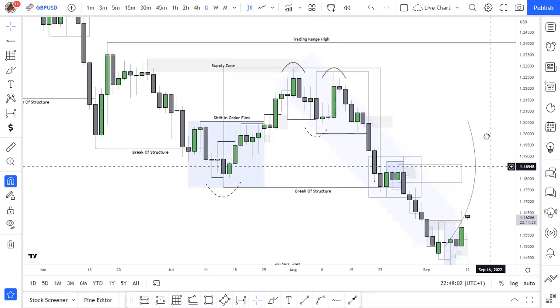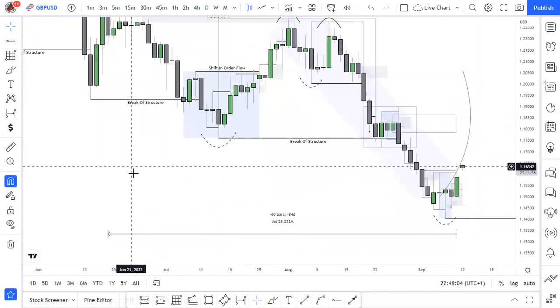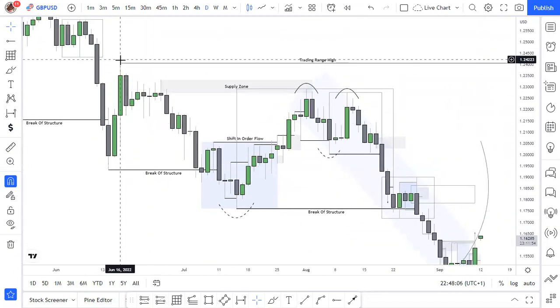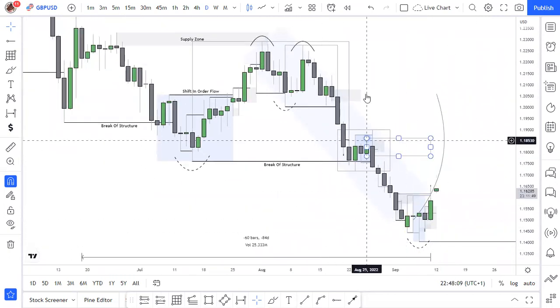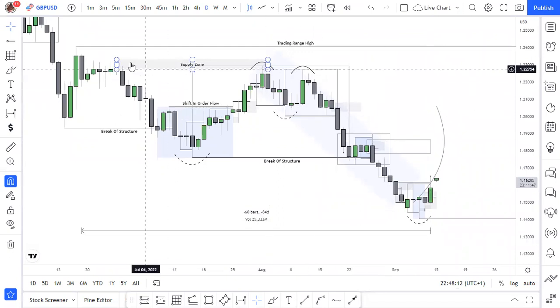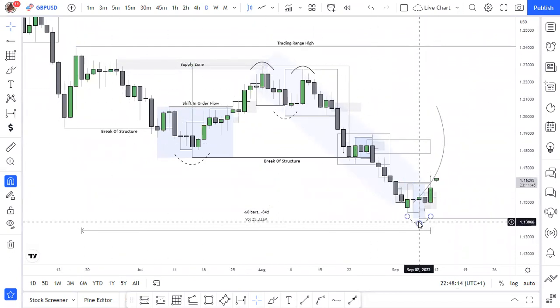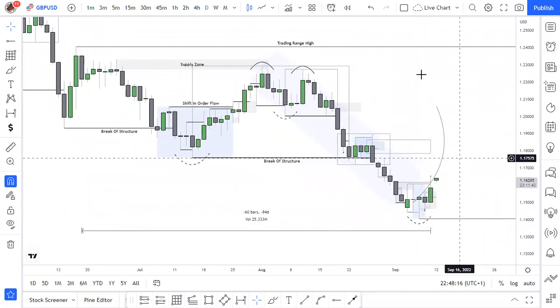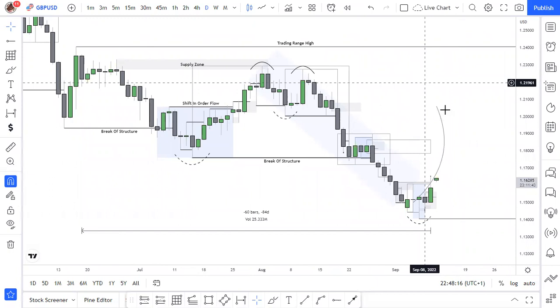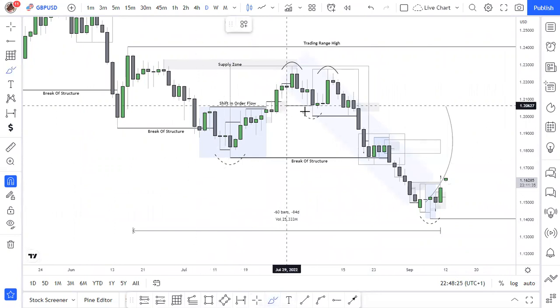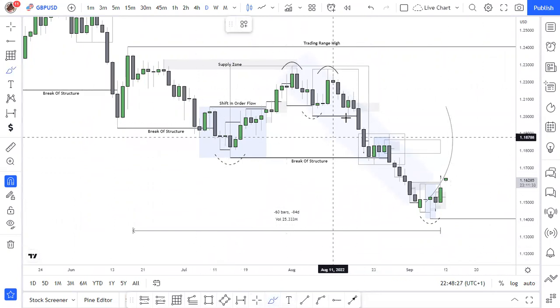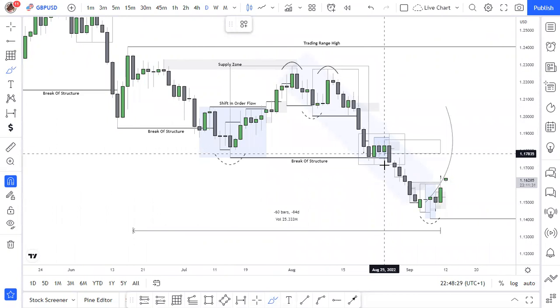Currently we have our range here. This is our trading range high, and this is our low. So we are trading within this high here and this low down here. We've had this break of structure here. In my last video, I talked about all this price action here, but let's talk about it a little bit.